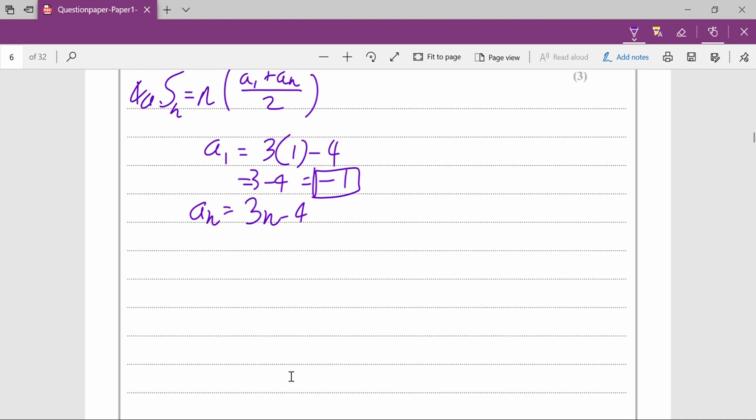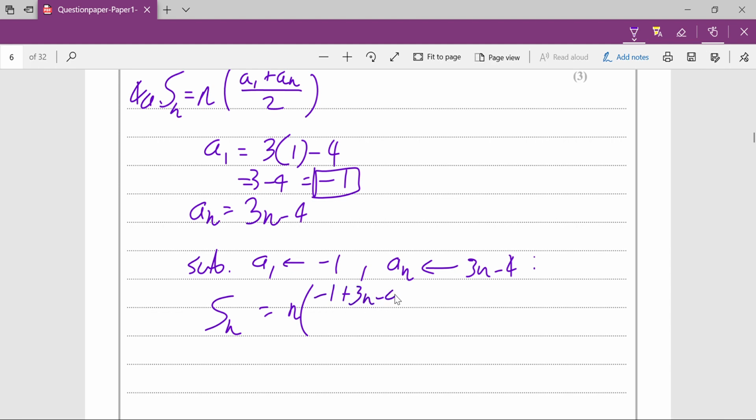So if we substitute a1 as -1 and an as 3n minus 4, we get that the sum to n of this arithmetic series must be n multiplied by (-1 plus 3n minus 4) over 2, which would be equal to n multiplied by, rearranging here, (3n minus 5) over 2.